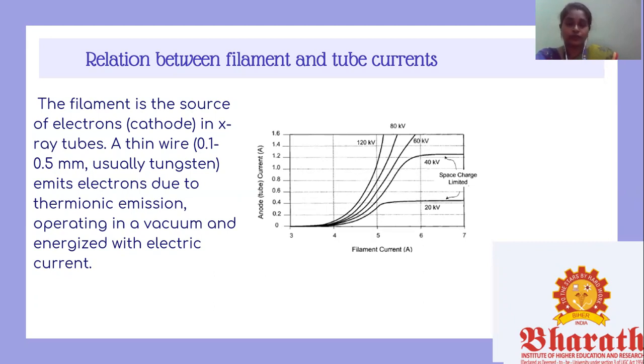Above 40 kV, up to 120 kV, you are getting the current, but after 120 kV it stops increasing. No matter how much current you are giving, the saturation point is reached there, and so the production of electrons from the filament stays the same even if you increase the current, because it has reached saturation. So that is the relation between them.